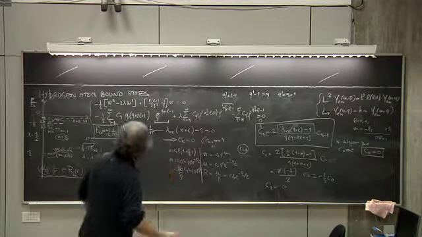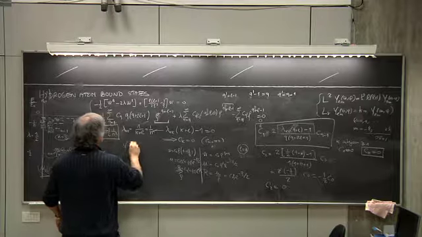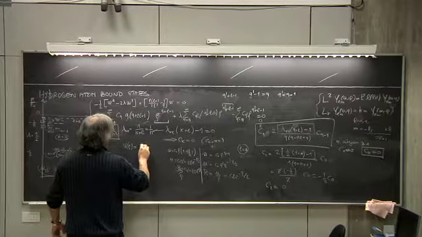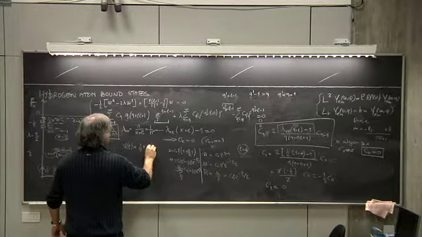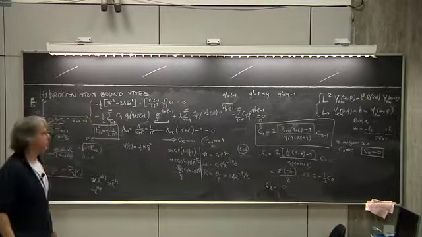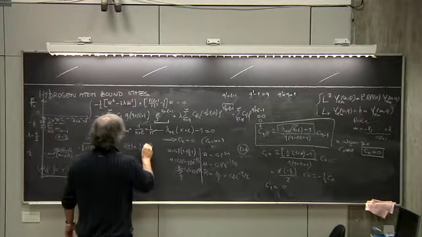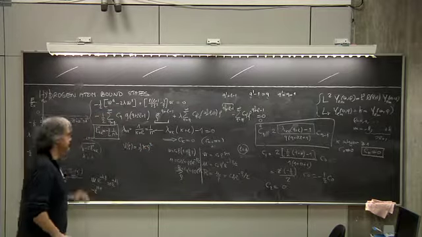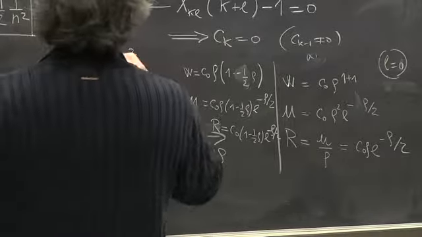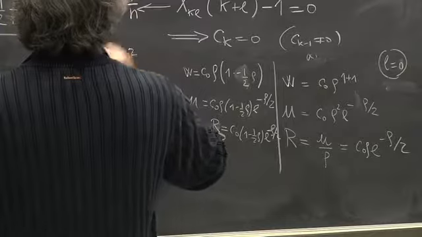Okay? So your V of rho was something like this. Okay? K is not now the integer, it's the spring constant. Or if you want, let's write it m omega squared.